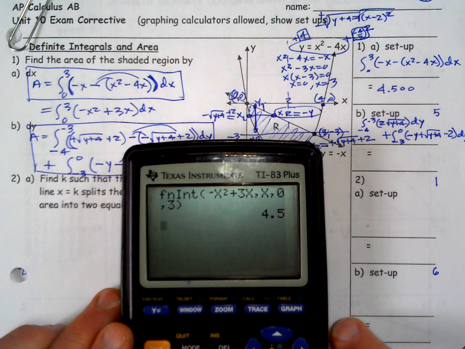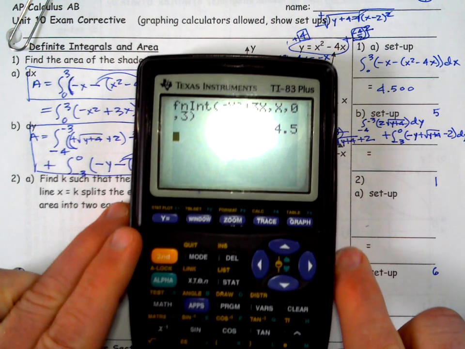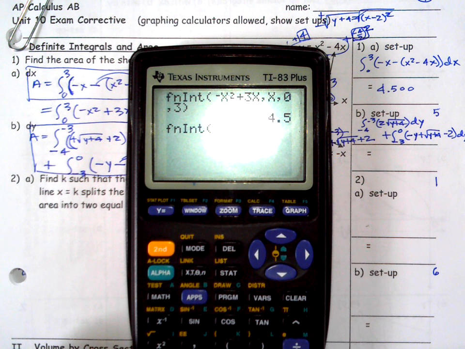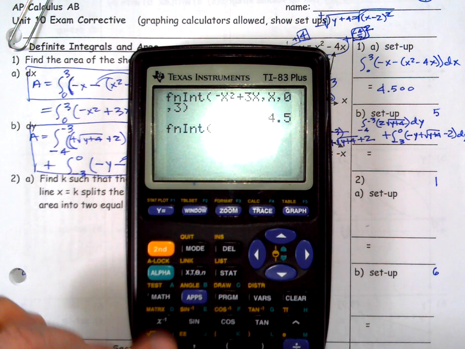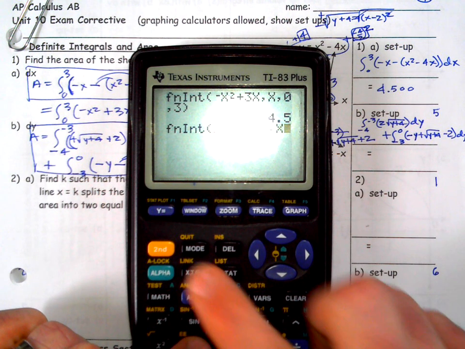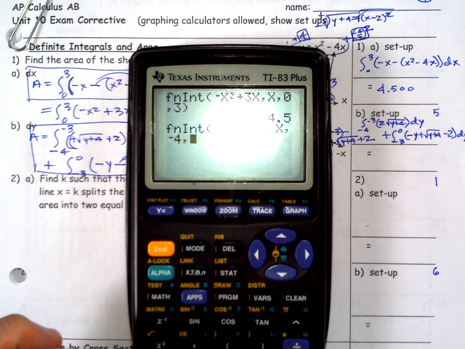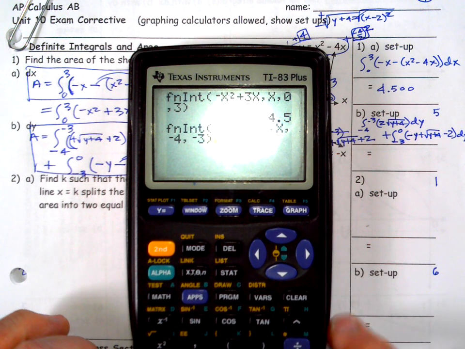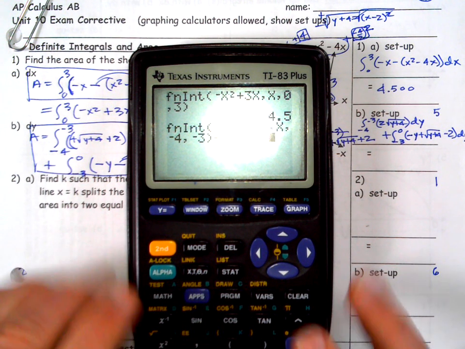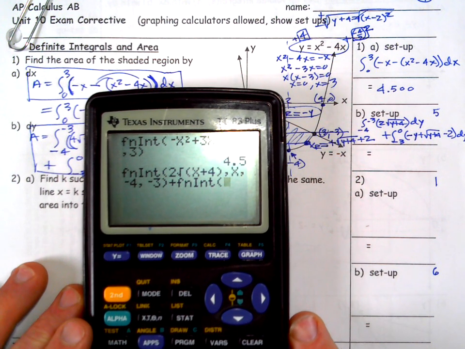Now, when you enter it in your calculator, you're going to put x's for all the y's. So you're going to say math 9, and you're going to say 2 square root of x plus 4, close parentheses, comma x, comma -4, comma -3, close that. And then we could do the next one, plus math 9. Weird glare there.